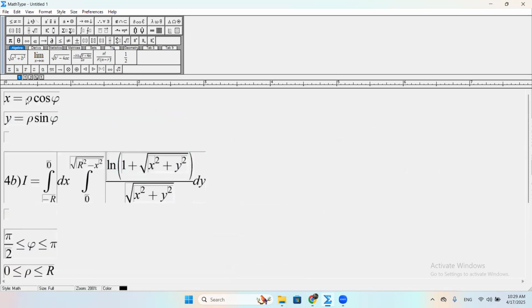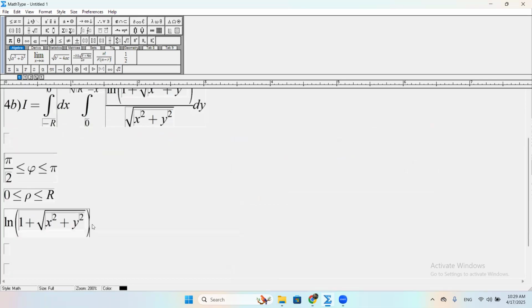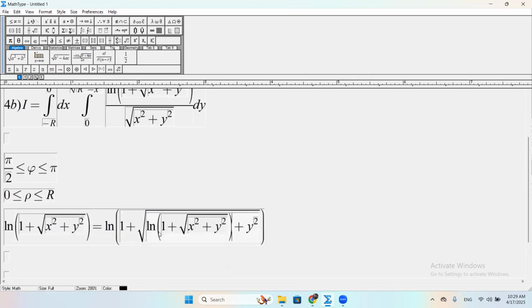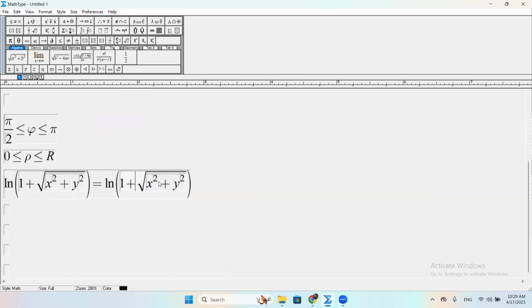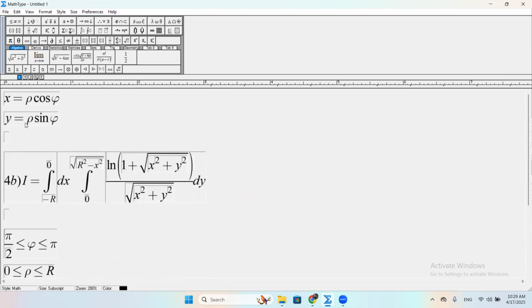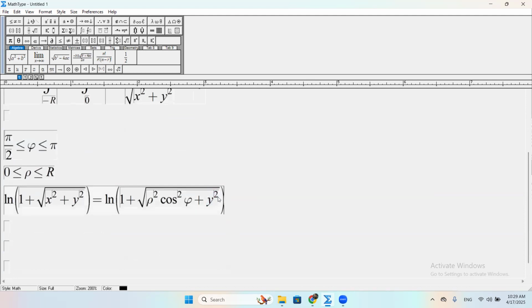So now let's substitute the new values. What will we receive? Rho squared cosine squared of phi and rho squared sine squared of phi.